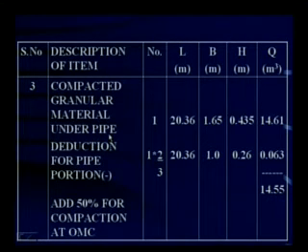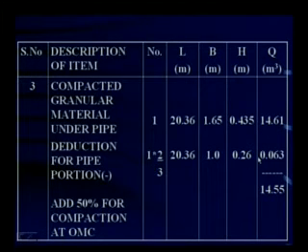As you can see, have you observed in the previous slide that a part of the pipe is embedded in the granular material below. So the volume occupied by that part of the pipe, which is fitted inside the granular material, has to be subtracted. This calculation is normal: length, breadth, thickness. All these three we have obtained from the previous slide. It comes to 14.61. Why did I deduct it?